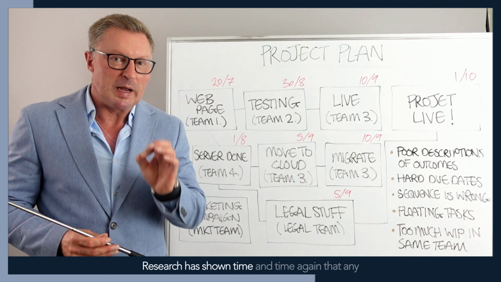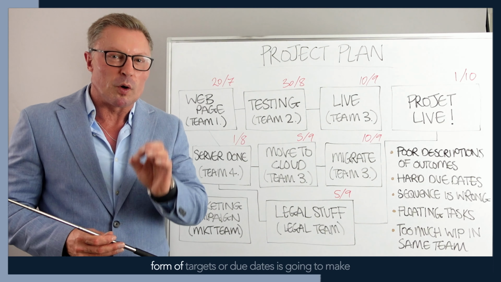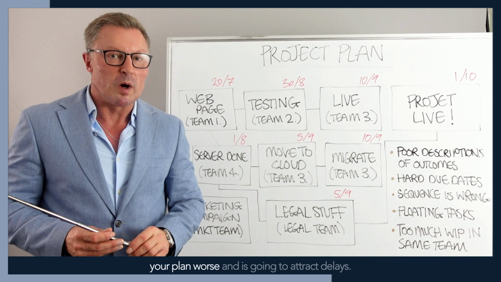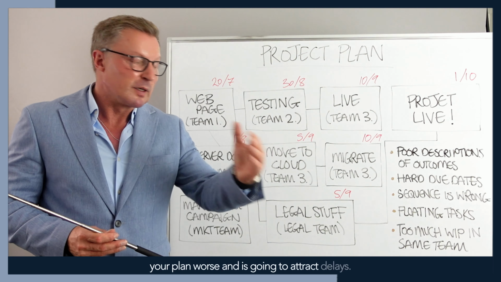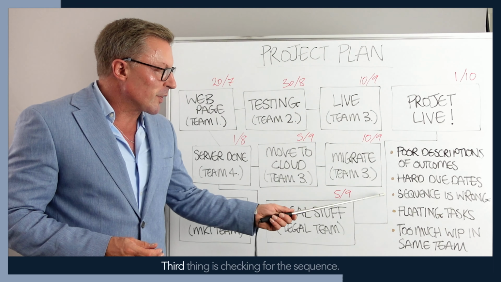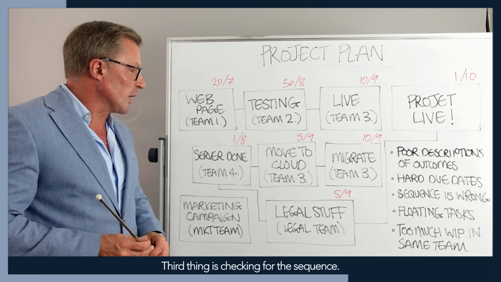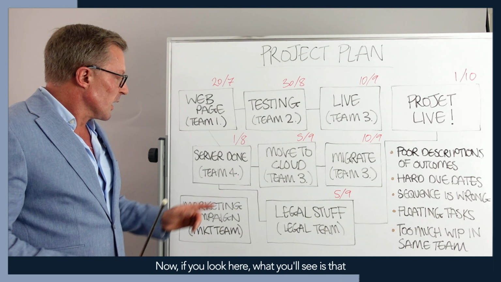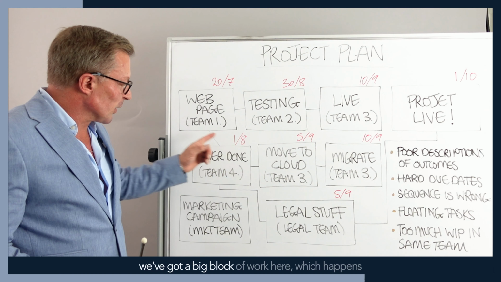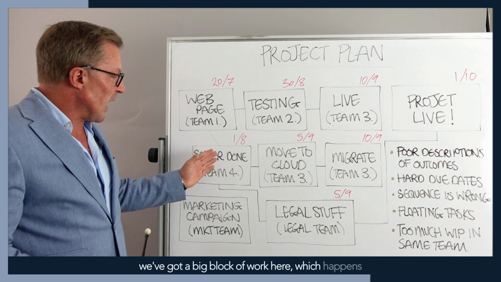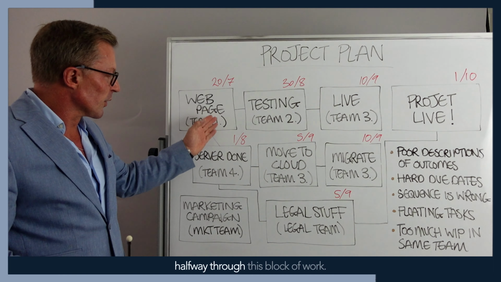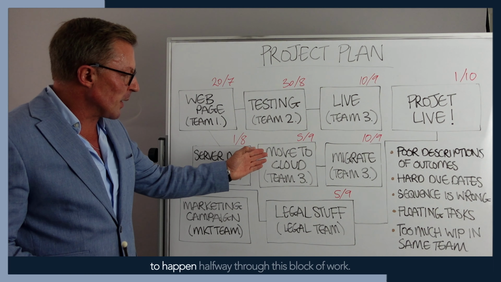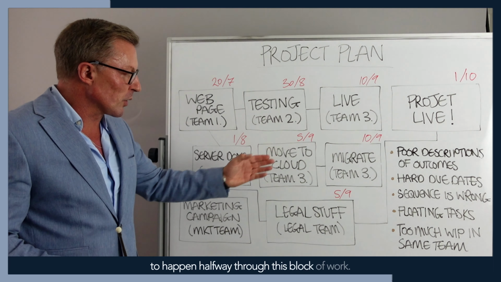Research has shown time and time again that any form of targets or due dates is going to make your plan worse and is going to attract delays. Third thing is checking for the sequence. Now if you look here, what you'll see is that we've got a big block of work here which happens halfway through this block of work, and we've got another block of work which seems to happen halfway through this block of work.